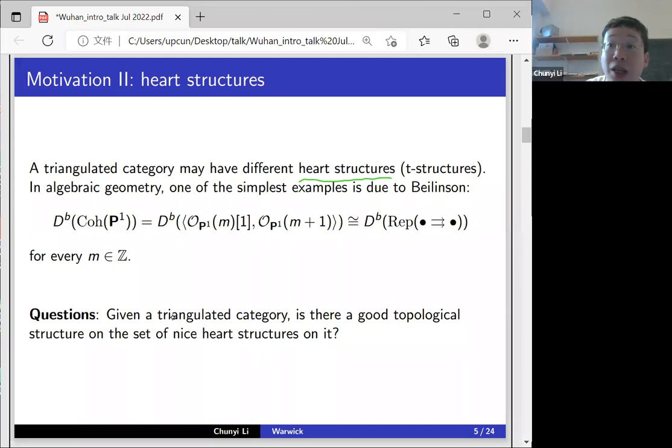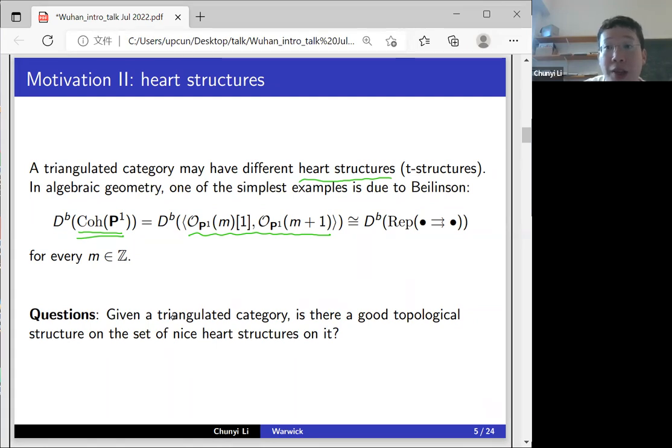The simplest one is when the variety is P1, where by a result due to Beilinson, you can take the standard heart, which is just the abelian category of coherent sheaves, giving you this bounded derived category, and you can also take this heart, where I write it this way, meaning the heart objects are all generated by O(m) homologically shifted by one and O(m+1).